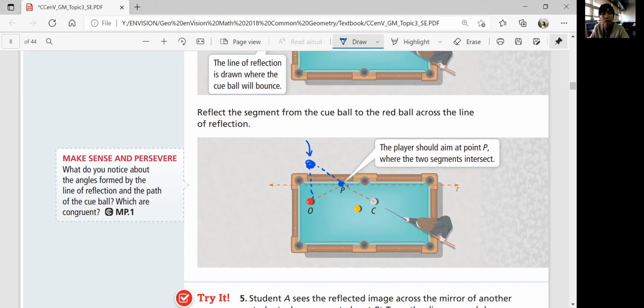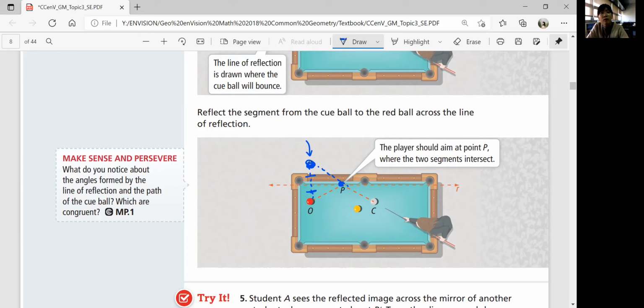Okay. The actual image is reflected across the line of reflection formed by the mirror, right? It's outside over here. You're imagining it. This distance away from the mirror is the same as this one, at the distance the image appears to be.